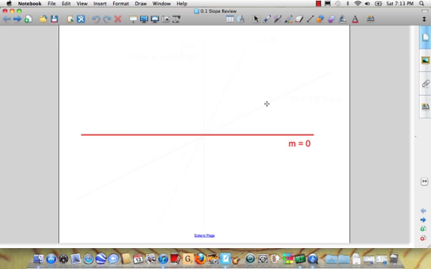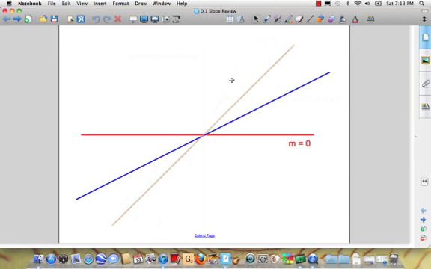What if you have a line that is steeper than that? Say this line in blue, or maybe one even steeper than that. Here's another line, tan, and then here's another one, each steeper than the previous. So there's different systems that could have been created to measure their steepness, but the one that mathematicians use looks at this line and says its slope is 1/2 or 0.5.